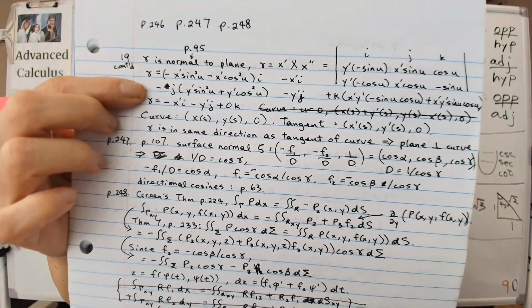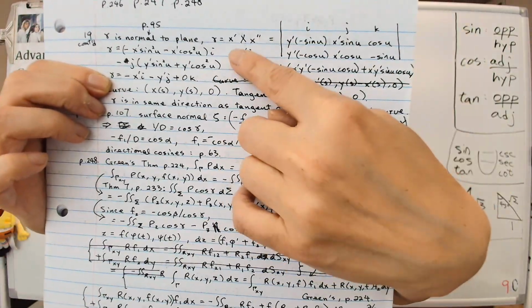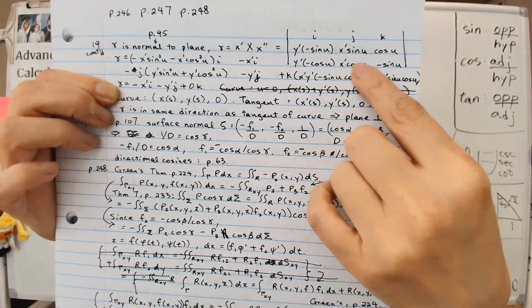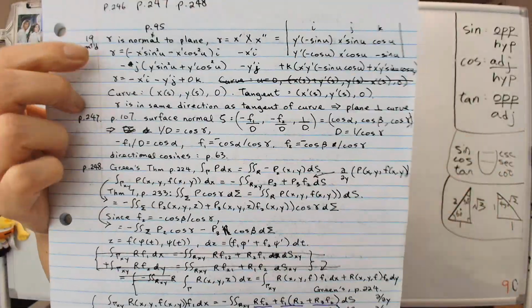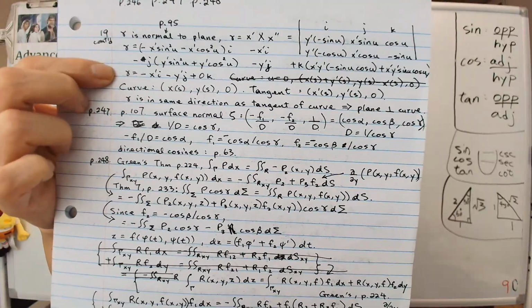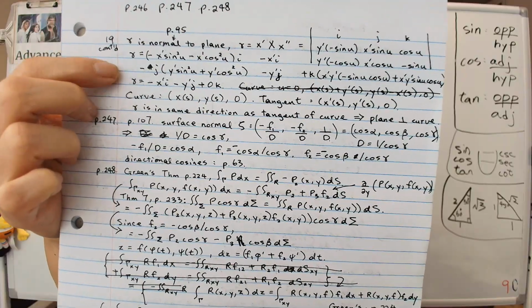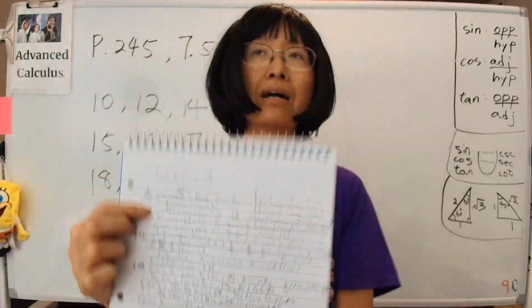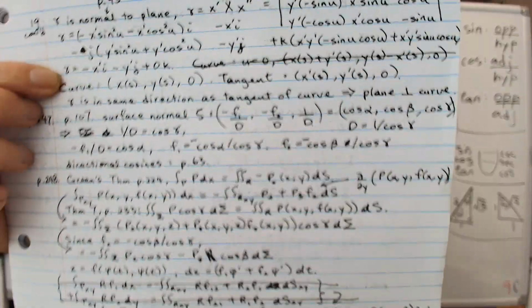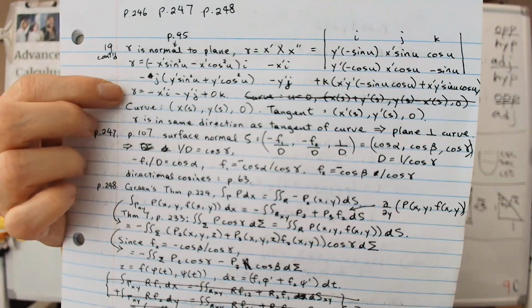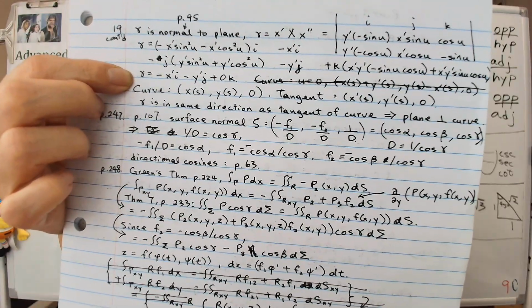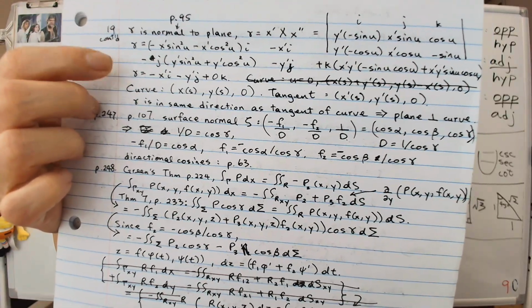Then if you calculate gamma, by calculating x prime and x double prime, you realize that gamma, the circle's plane normal, is going to be equal to minus x prime i and minus y prime j. Yeah, that's the direction.